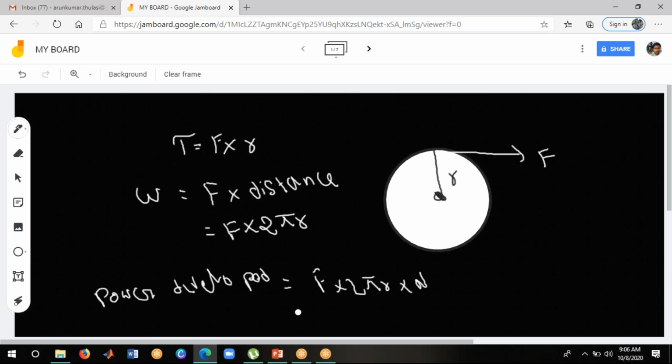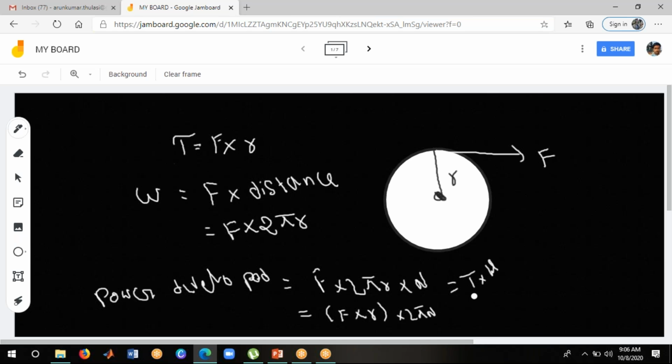That is the armature. Now we can represent this equation in terms of F into R and 2 pi n. So finally you can write this equation as torque into angular velocity, right? This is the power developed in the armature.